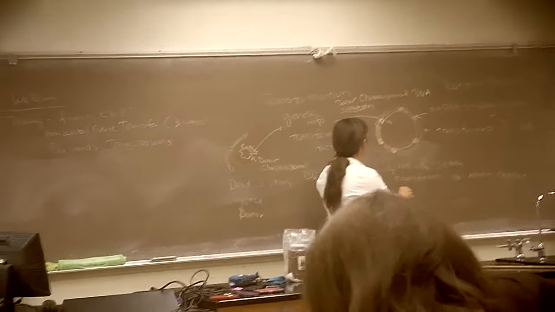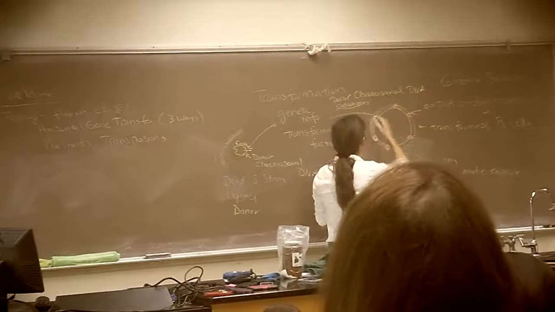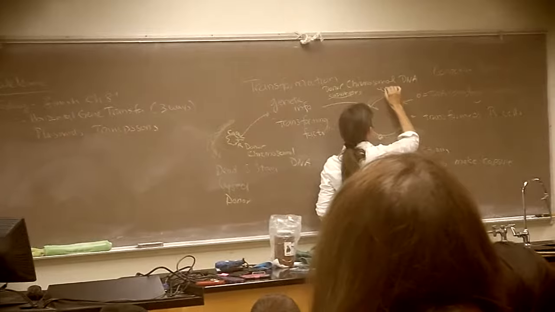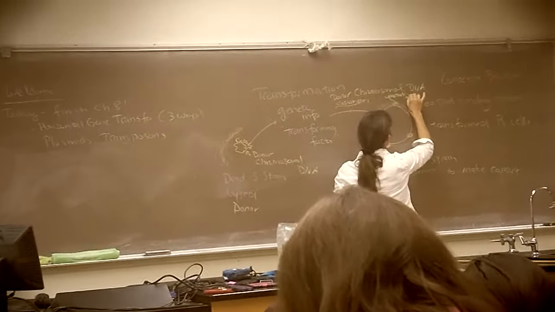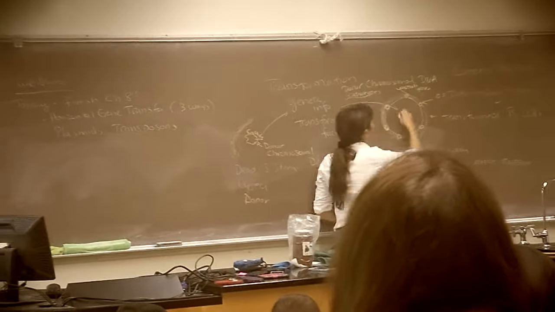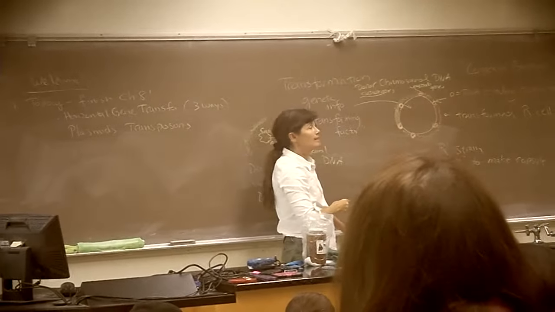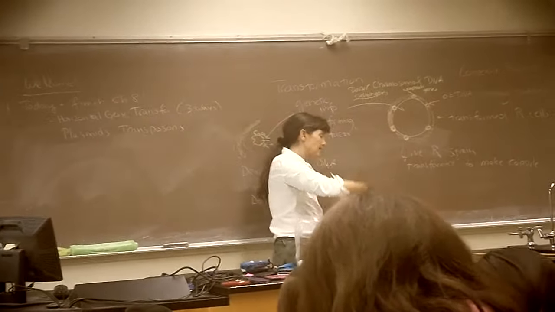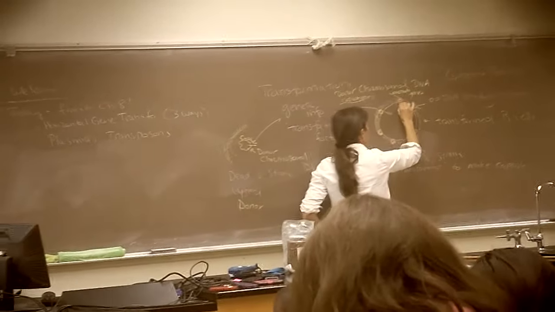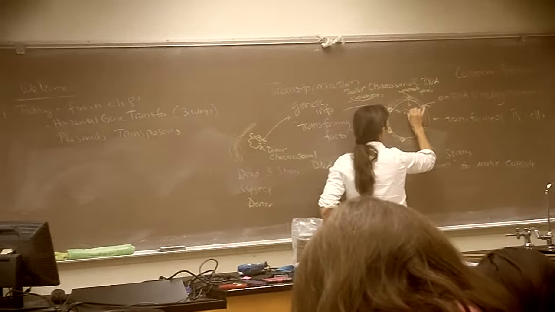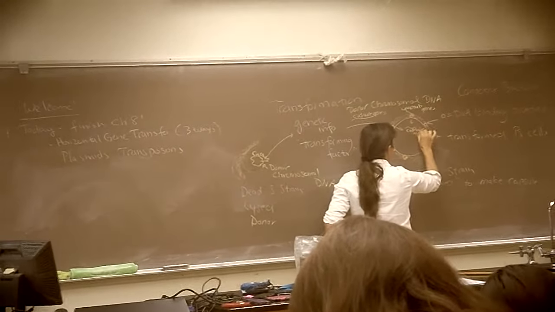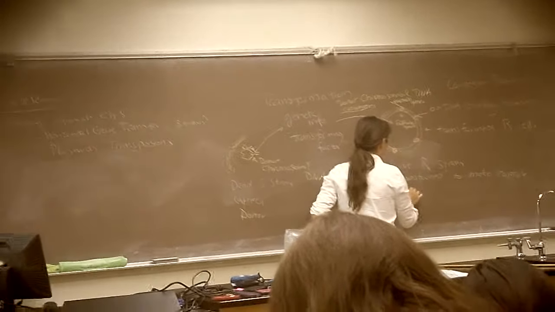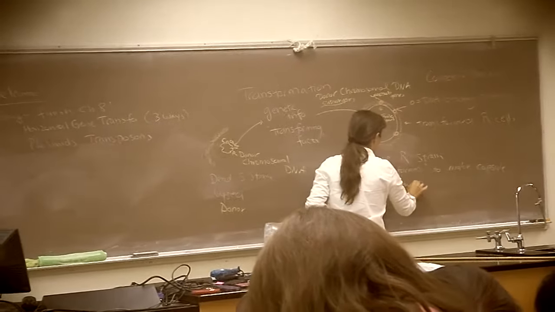The competent bacteria can bind to naked DNA in the environment, such as the donor DNA carrying the capsule genes, and the DNA binding proteins bind to that naked DNA, and then they pass it through the cytoplasmic membrane into the interior of the recipient. Okay, so we want to remember the living R strain is our recipient.